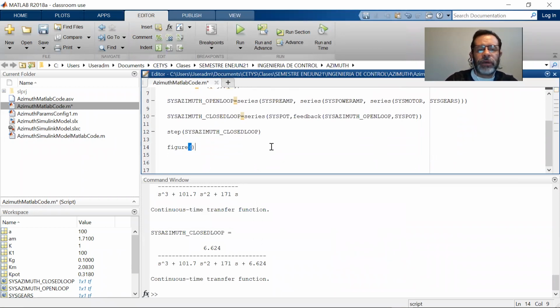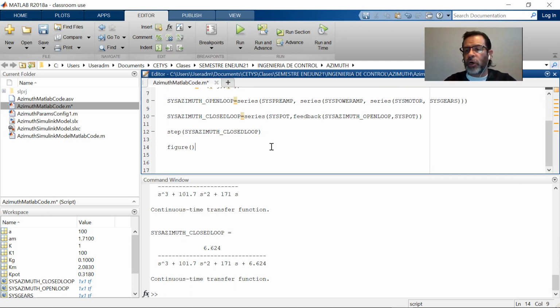I'm going to put a figure here. The only thing that the figure function does, when you're plotting things in Matlab, if you don't tell it to open a new window, it's going to overlap all of the plots on the same window it opens. So I'm already going to plot the step.